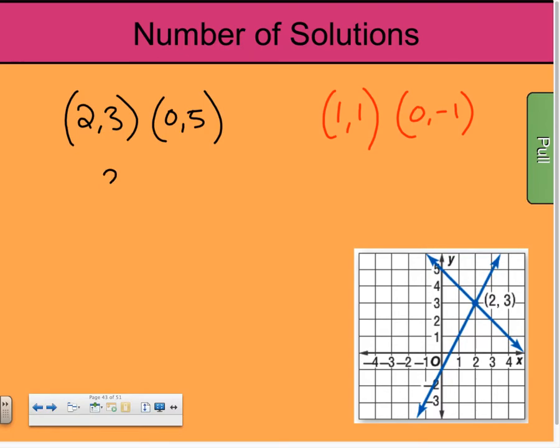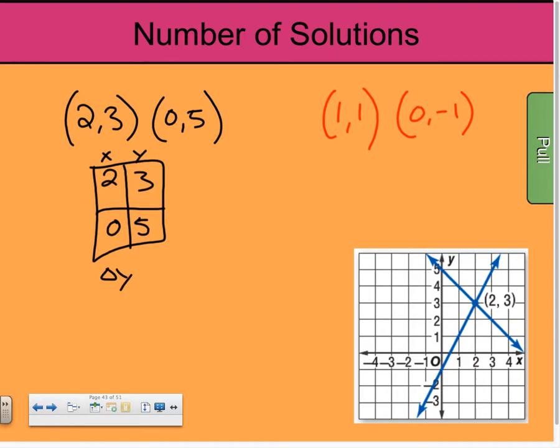So if I take (2, 3) and (0, 5) and place them into a table, I can try to find the change in y and the change in x. So the change in y would be from 3 up to 5, which is a change of positive 2. The change in x would be from 2 down to 0, which is a change of negative 2.